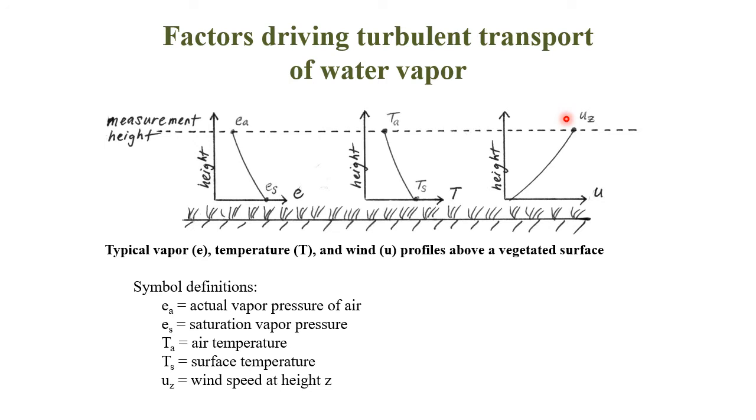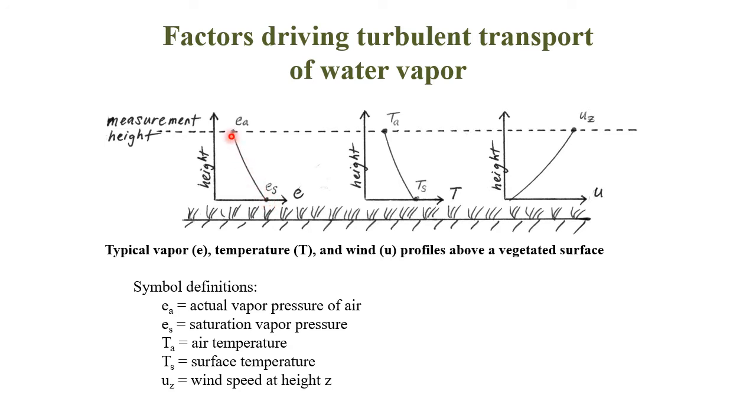When we measure weather, the sensors are placed at a measurement height represented by this dashed line above the canopy that's being tracked. These are typical profiles of vapor pressure, air temperature, and wind speed that occur above a canopy. As you go up in height from the surface, where the humidity is almost at saturation, or 100% relative humidity, that's represented as es, saturation vapor pressure.